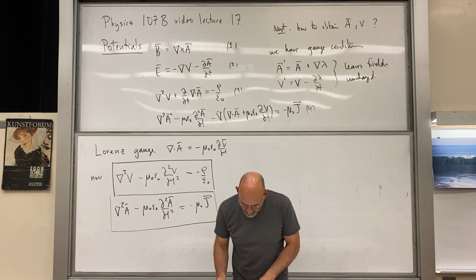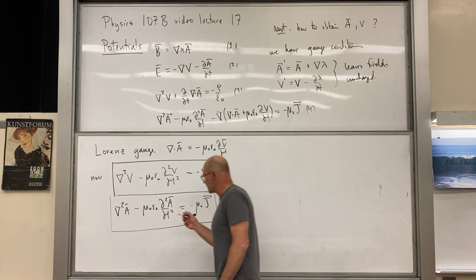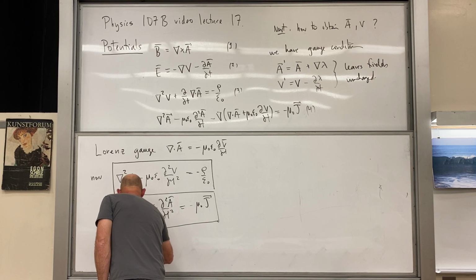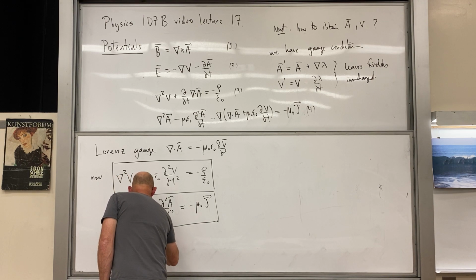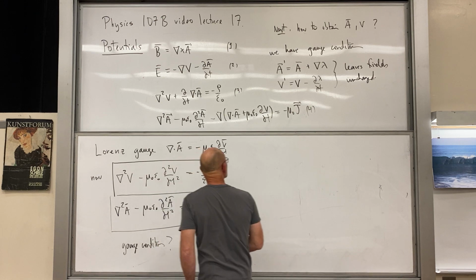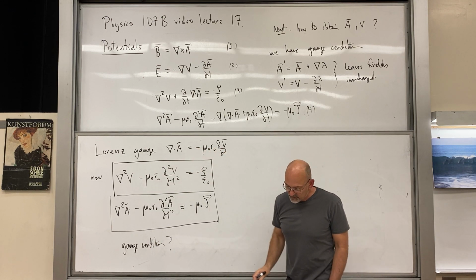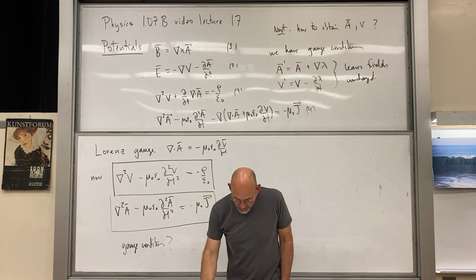Make sure I'm not missing anything before I get there. Yes, I'll just write gauge conditions, question mark. Actually, you can tackle them the same way I just did the other ones. Should I write anything for that? It's also satisfied.